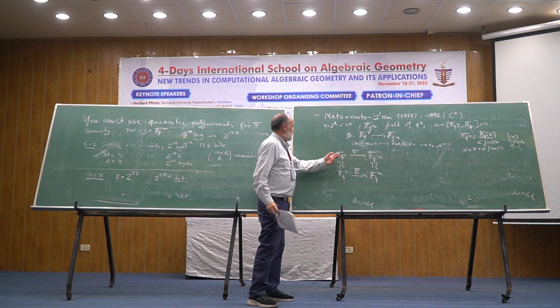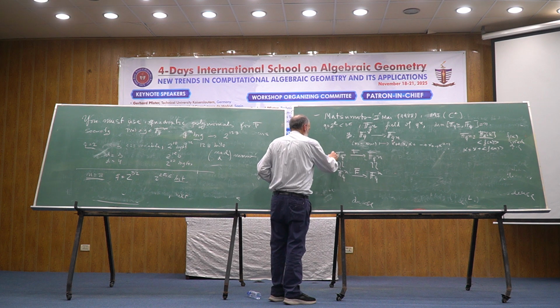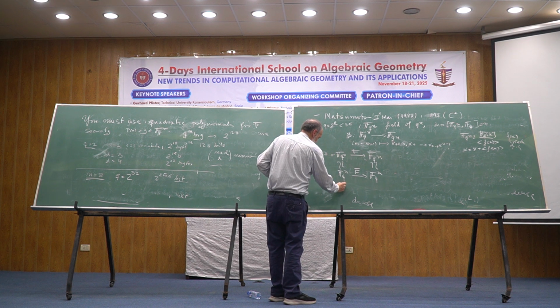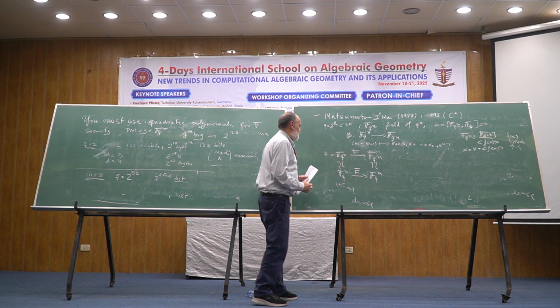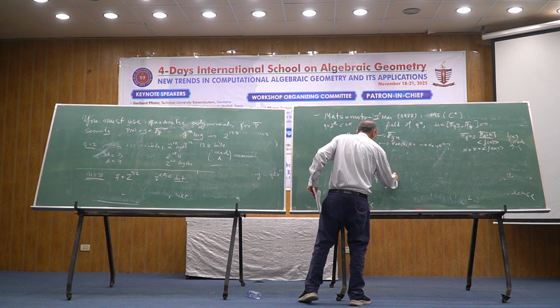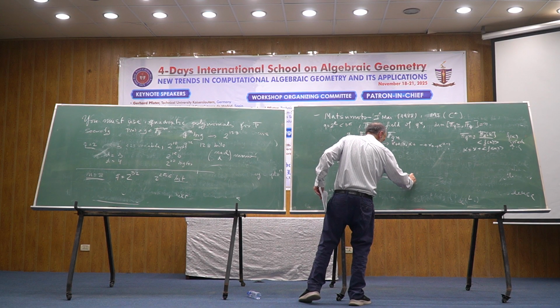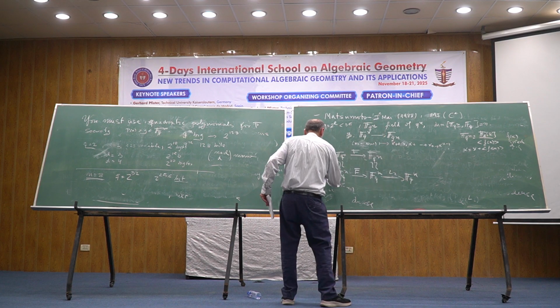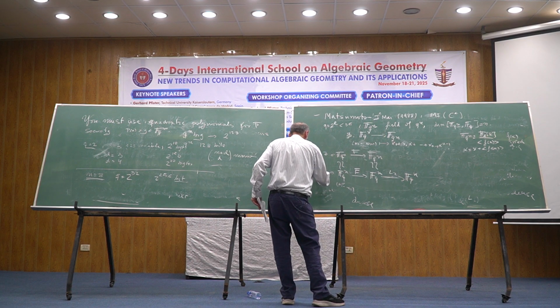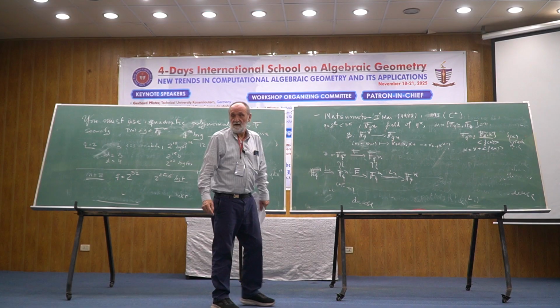This is in one variable, and then here we have n variables. And then here we use what I said to you: two linear maps, two linear isomorphisms, in this case from F_q^n to F_q^n, L1.